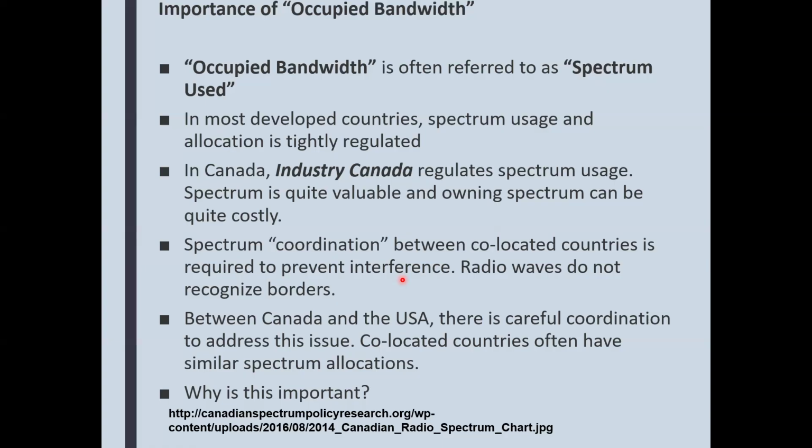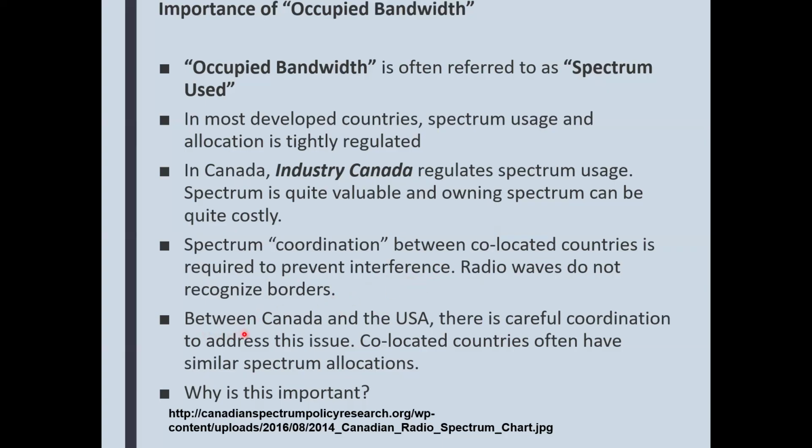So countries talk to each other, say, hey, we're going to have from here to here, and you're going to have from here to here, and everybody's going to be happy. Our people are going to receive our channels, your people are going to receive your channels, and everything is going to be fine. So things are regulated, compromised and talked over between different partners because the air has no borders.